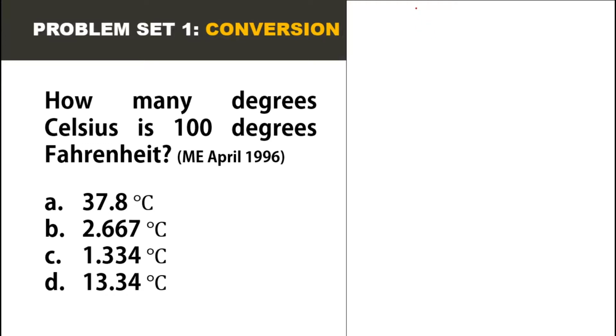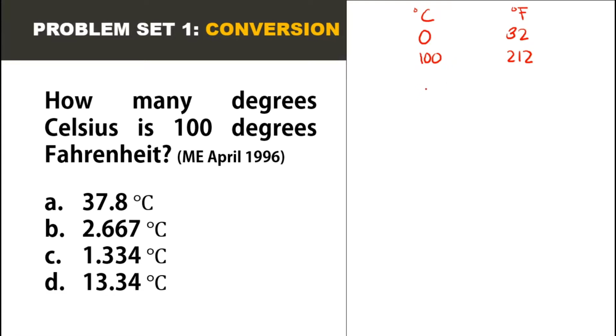For degrees Celsius, we have 0 as the freezing point and 100 as the boiling point of water at standard pressure. For degrees Fahrenheit, we have 32 as its freezing point, and 212 as the boiling point of water at standard pressure.